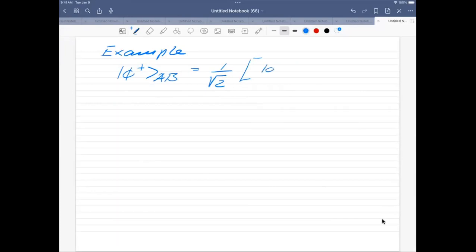So this is a probability of a half of being in this state. We have a tensor product of subsystem A and subsystem B, plus 1 of A and subsystem B. So let's use this as an example.